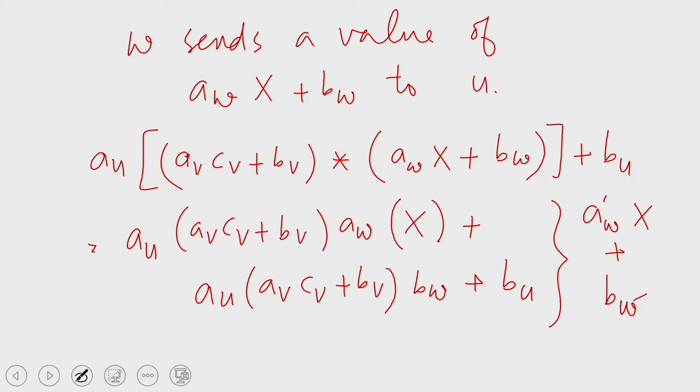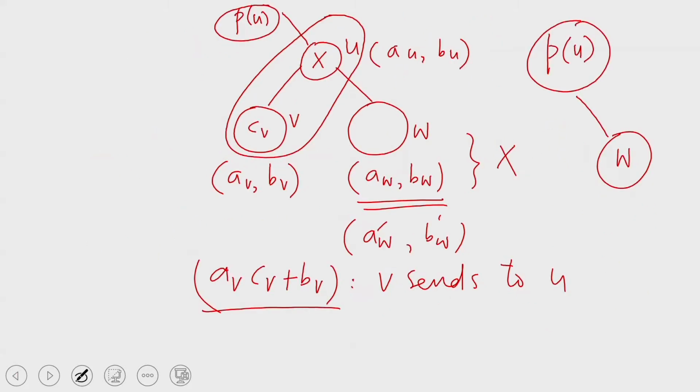So this is the value that U sends up to P of U. So now what we propose to do here is to replace U as well as V with W. W will be the new right child of P of U in this figure.